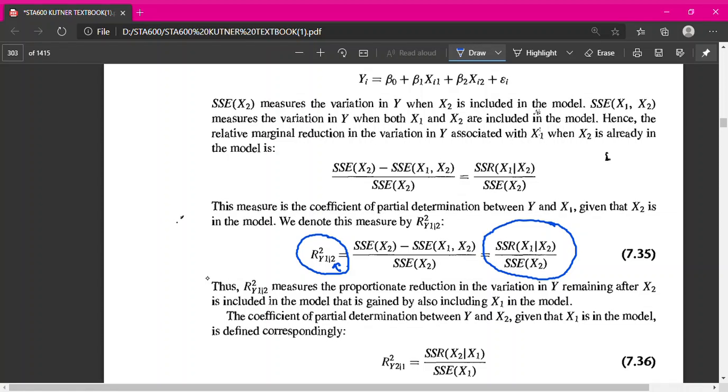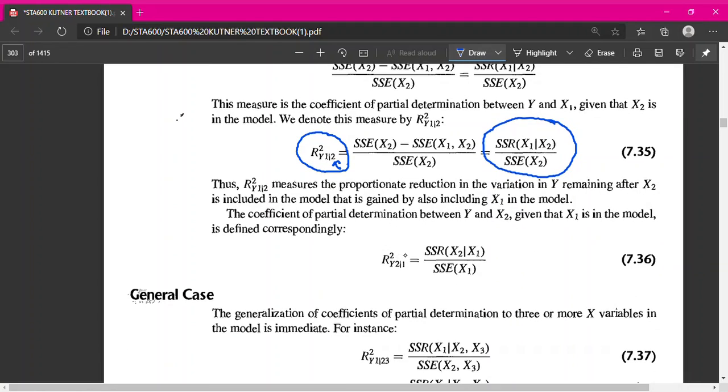We can use the formula of SSE ataupun boleh juga gunakan formula of SSR, depends pada the information that we have. Kalau nak guna formula SSR, it will be SSR x1, x2 minus dengan SSR x2, you will have the same answer for the extra sum of squares x1 given x2.